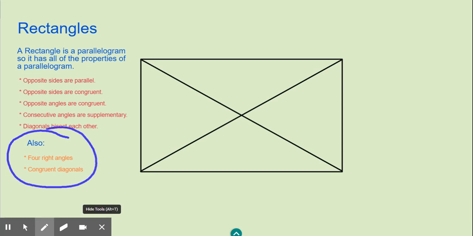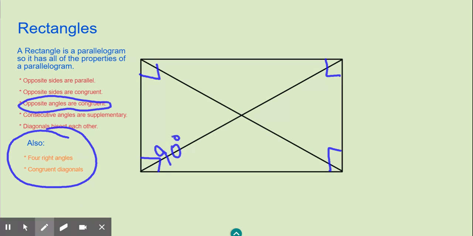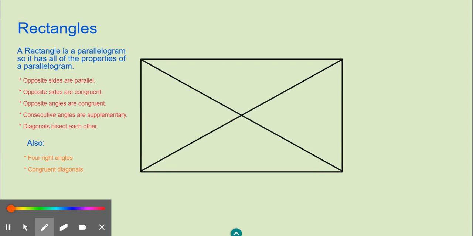So not only are opposite angles congruent, but they are actually all 90 degrees each. So all four angles are congruent, or you could say they are all right angles, every single one of them. Additionally, rectangles have congruent diagonals.